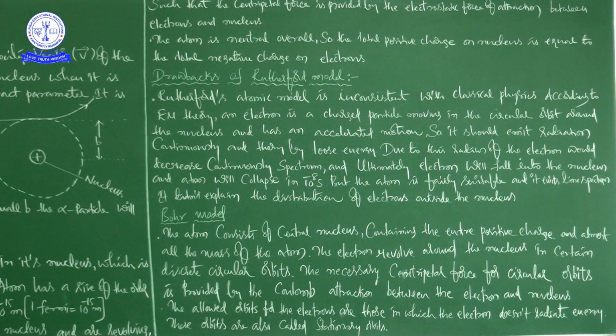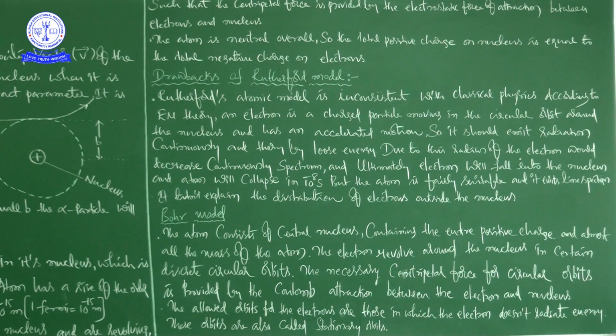What is centripetal force? It is the basic force required for an object, a particle or a body to be in circular motion. So when the electrons are revolving in circular motion, who will provide the required centripetal force? Here, the electrostatic force of attraction.